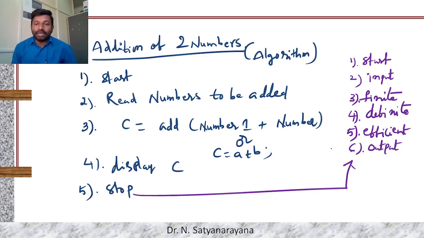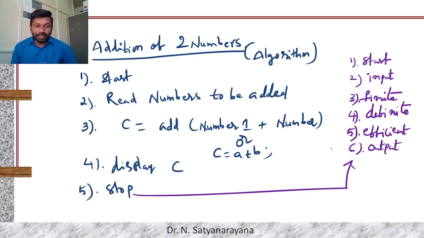When you write an algorithm, it should start at one point and end at one point. The algorithm has to take 0 or more inputs, and every instruction inside this algorithm should be finite, definite and efficient. You can know the meaning of finiteness, definiteness, and efficiency if you follow my previous video.